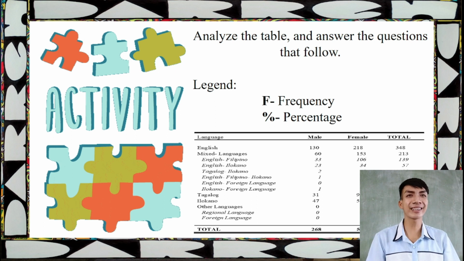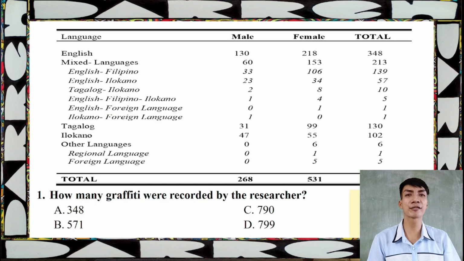For your first activity, all you need to do is to analyze this table and answer the questions that follow. You're only given 1 minute to answer each question. We have here our legends, F for frequency, and the percentage. Ready? Let's have the first question.